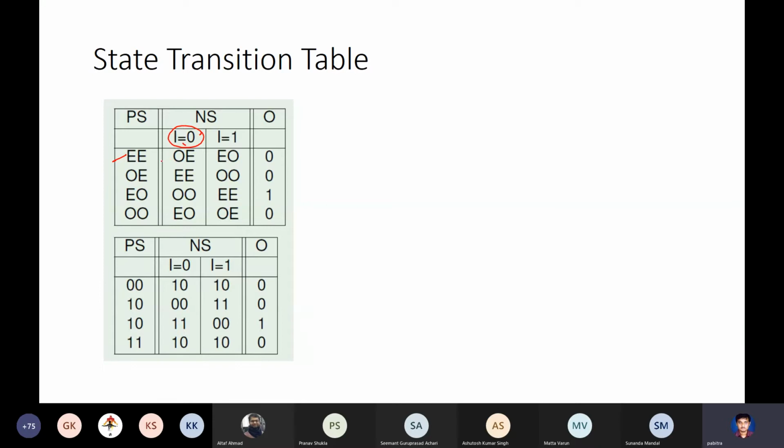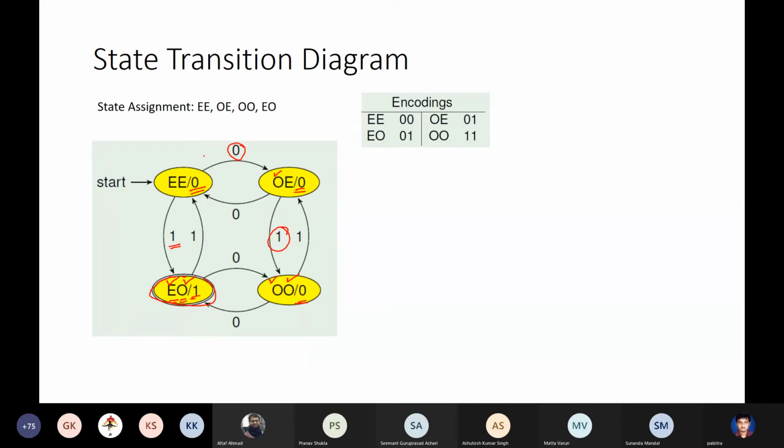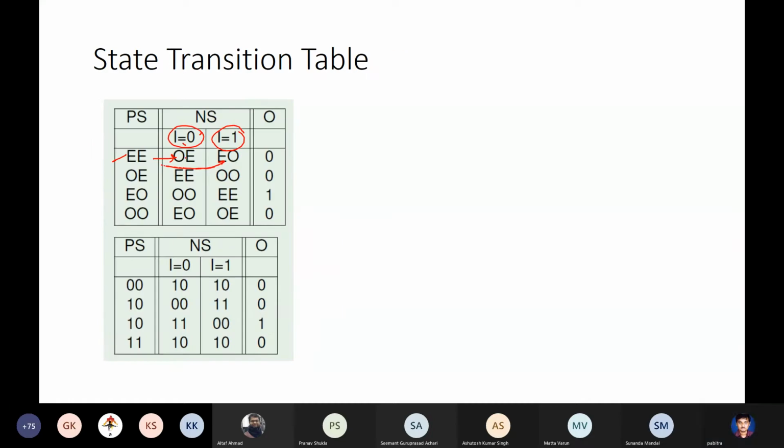So this is basically a transition from this state to this state on receiving an input 0. This is a transition from this state to this state, E to EO, on receiving an input 1. So every edge in this state transition diagram is converted to one of these rows. In fact, this is actually 2 rows, on input 0 and input 1.